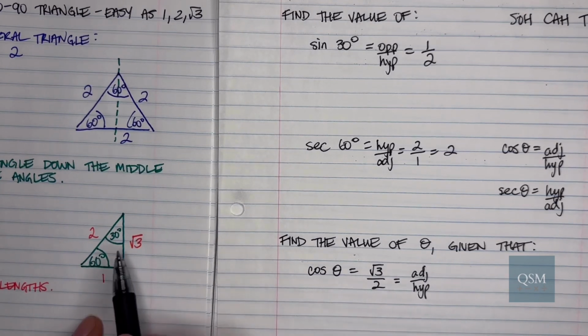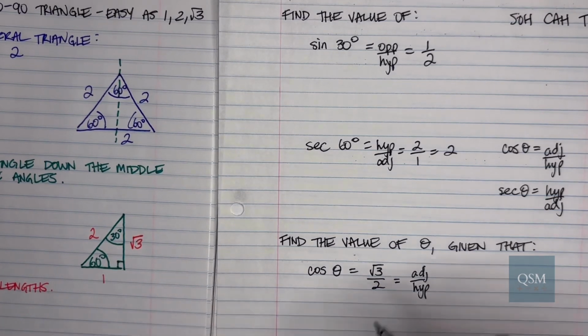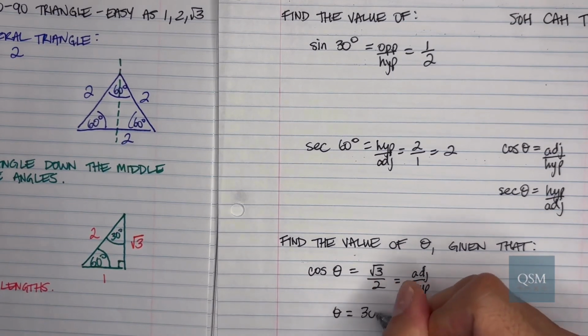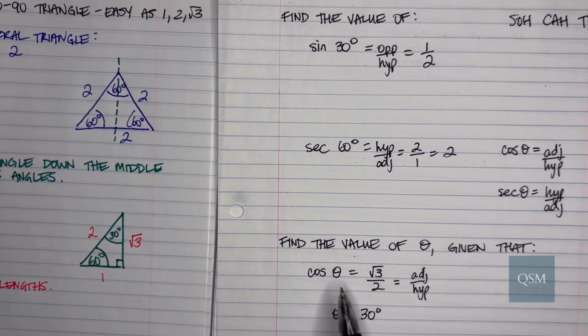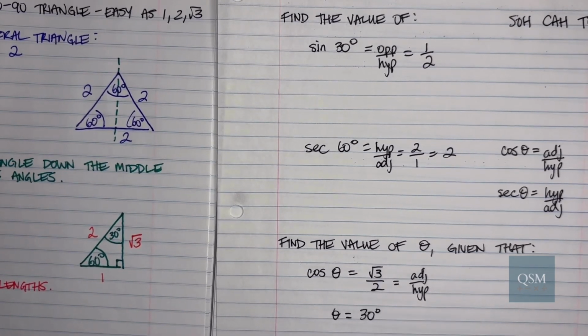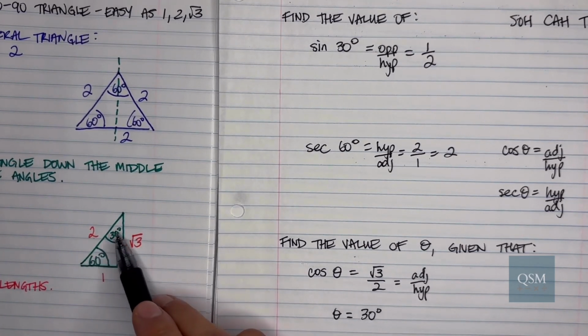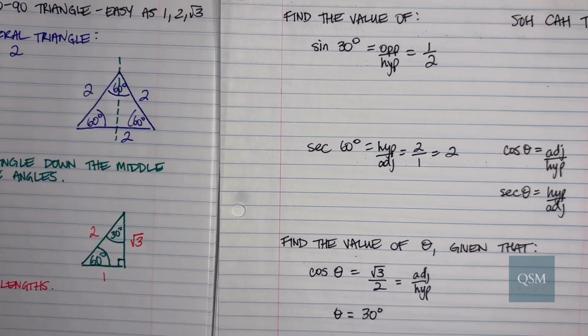I need my root 3 to be the adjacent, and that means I'm dealing with this 30-degree angle right here. So that means theta has to be 30 degrees. This is what gives me cosine of theta being root 3 over 2, adjacent over hypotenuse. It's my 30-degree angle.